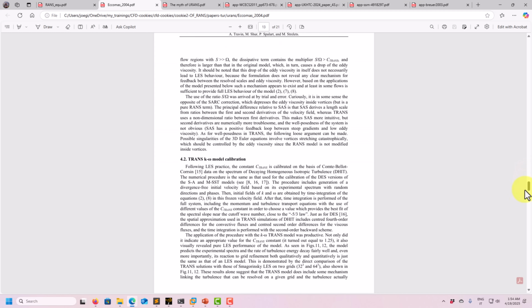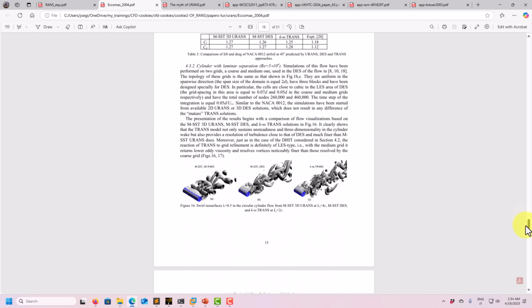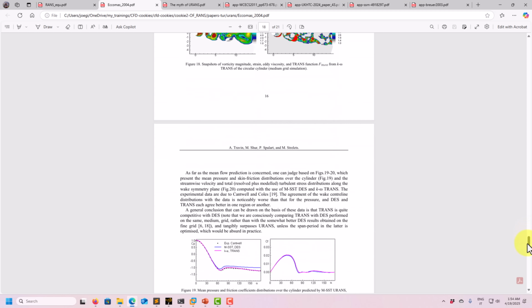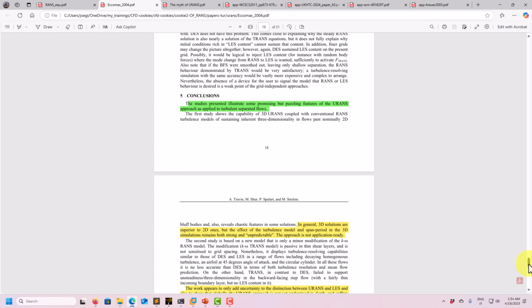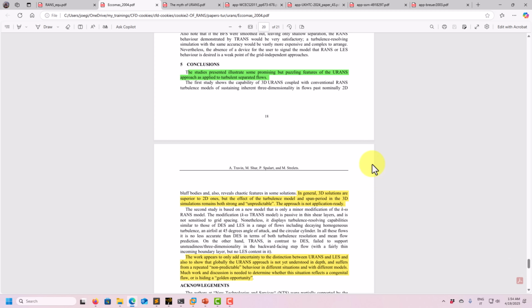But let me go here to the very end. Talk about now the conclusions, which mention a positive feature of the URANS approach for separated flows. Solving separated flows with URANS and getting right results, theoretically speaking, shouldn't be correct, shouldn't be done.